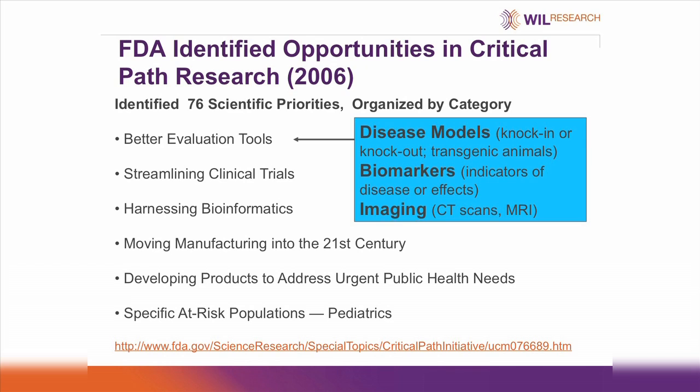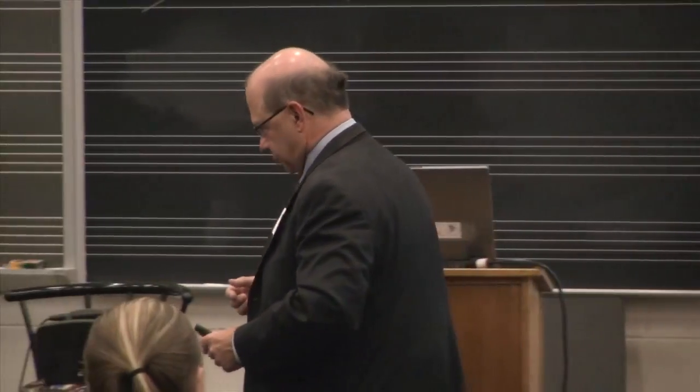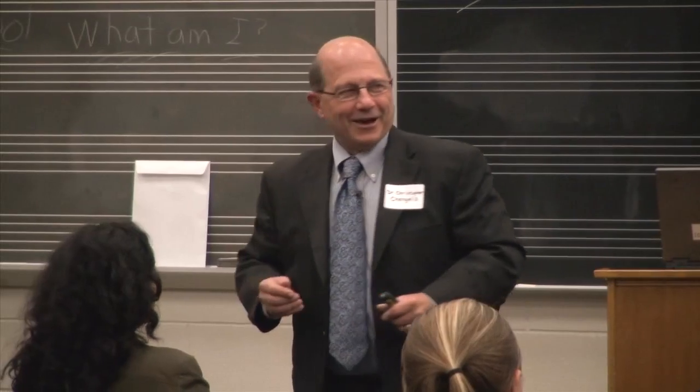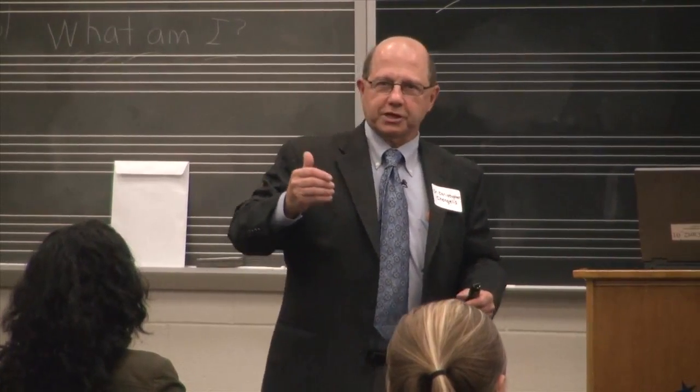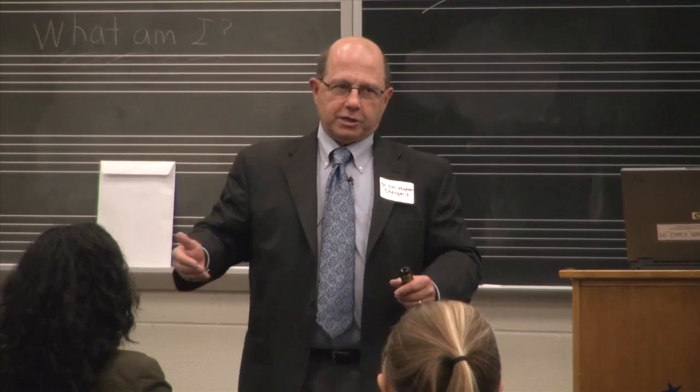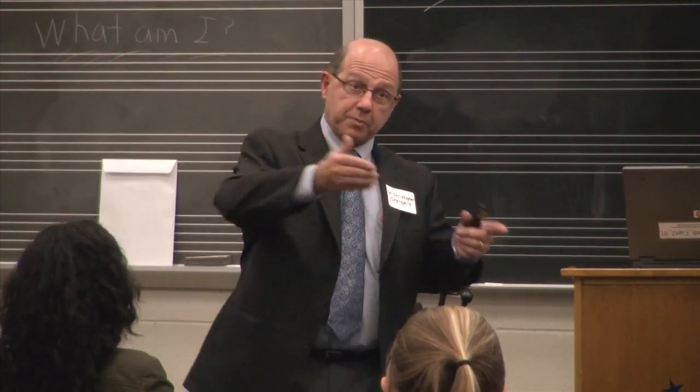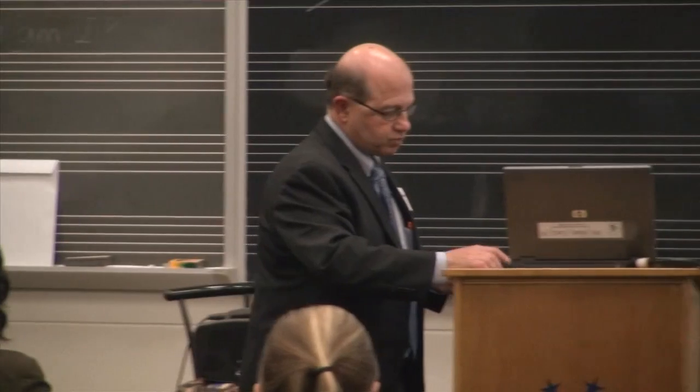And what that boiled down to would be disease models, better biomarkers, more use of imaging, and I should also add increased use of in vitro technology. In vitro is the use of cells outside of the body. If you're working with an intact organism, that's called in vivo work. In vitro work is much of what our friends here are talking about. They're working with stem cells outside the body. They could be called ex vivo because they're going to put them back into the body.